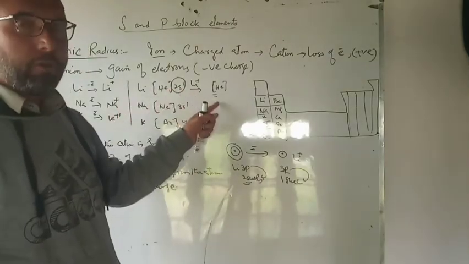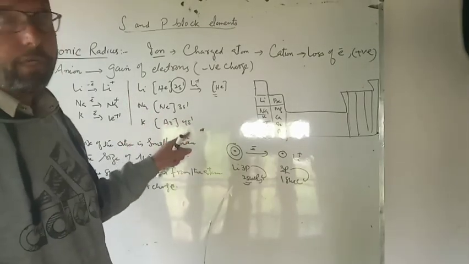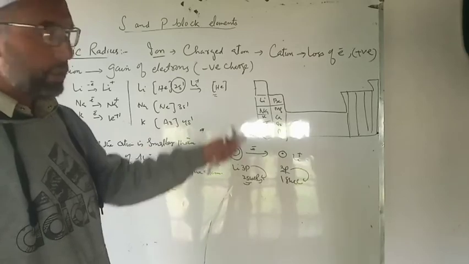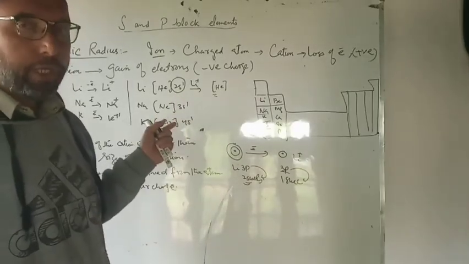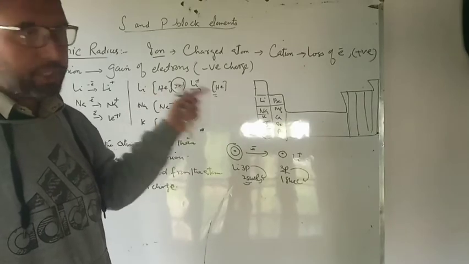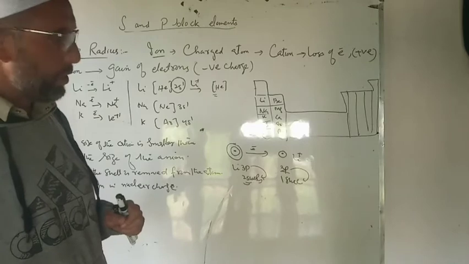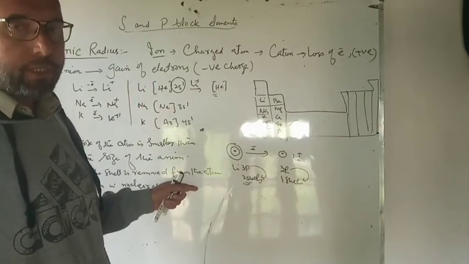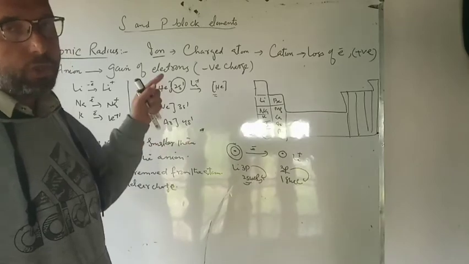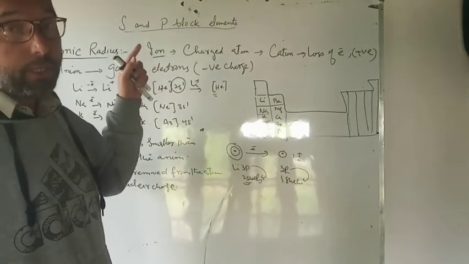Lithium ion, there will be 1 shell, and sodium ion there will be 2 shells, and potassium ion there will be 3 shells. It is clear to you when you write down the electronic configuration, or when you compare the ionic radius with the atomic radius just by taking the pictures of neutral atoms and ions into consideration. So down the group, this cationic size or ionic radius goes on increasing, but it is the ionic radius of the cation.